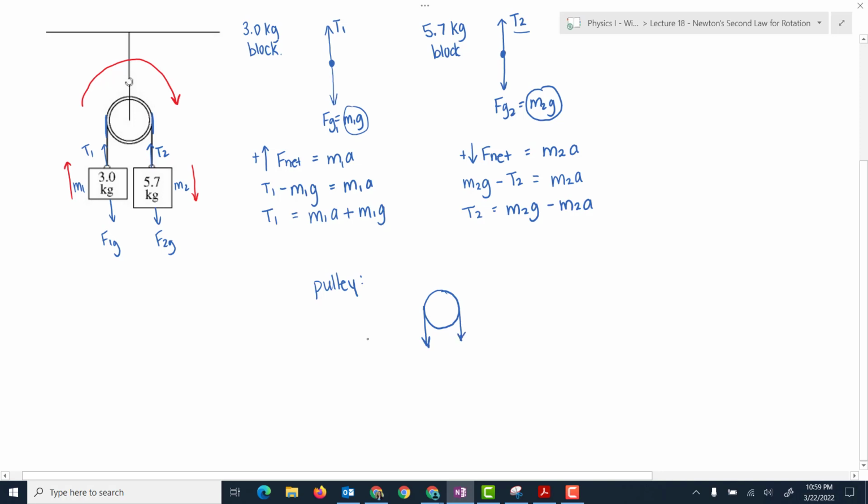The first one is T1. It's the same tension that was pulling up on the 3 kilogram block, and now it's pulling down on the pulley. The other one is T2. Because the pulley has a mass and a radius, we're treating it like a rigid body.